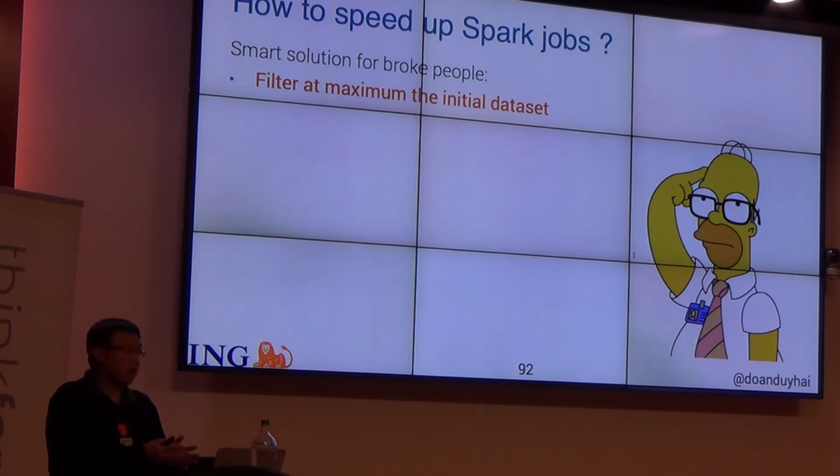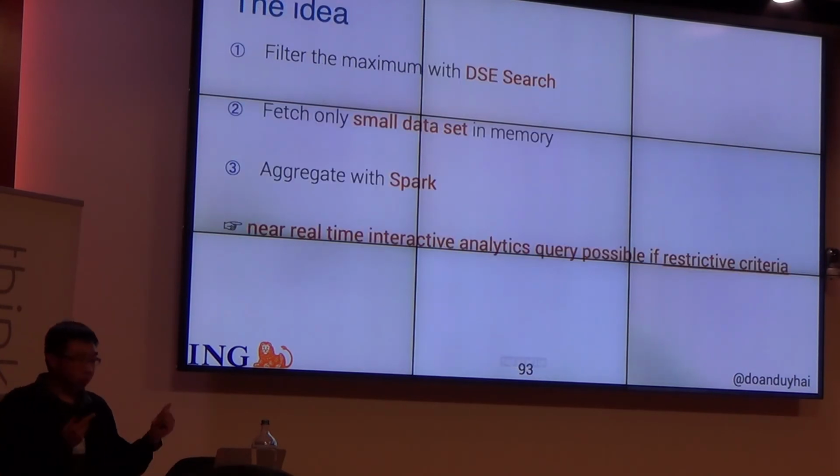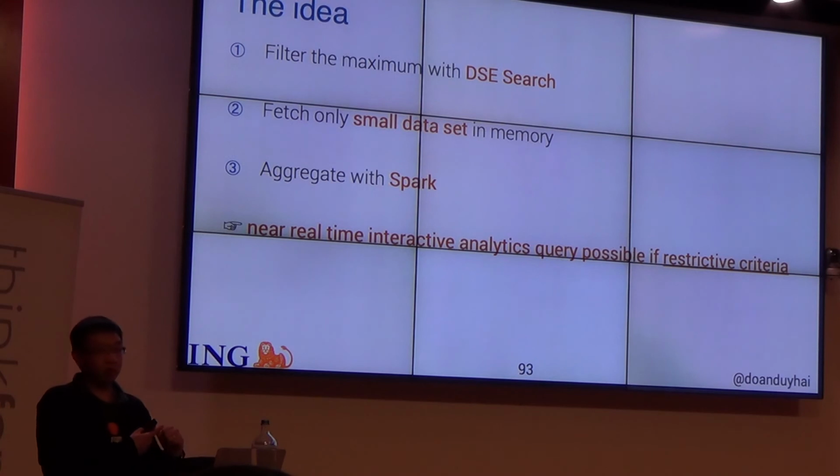Because when you have a 10 terabyte table, it's impossible to fetch all of it in memory, right? So filter the maximum data with DSE Search, Solr, fetch small data in memory, aggregate with Spark.